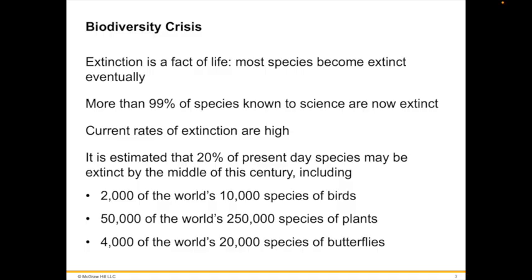Scientists estimate that more than 15% of the world's eukaryotic organisms have been discovered and given scientific names, and this proportion is probably much lower for tropical species. These losses will affect more than poorly known groups, as many as 50,000 of the world's 250,000 species of plants, 4,000 of the world's 20,000 species of butterflies, and nearly 2,000 of the world's 10,000 species of birds could be lost during this period.